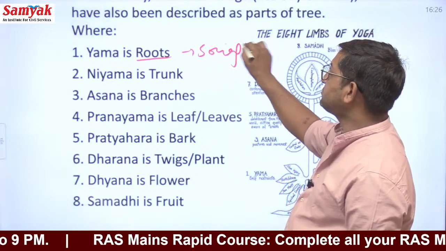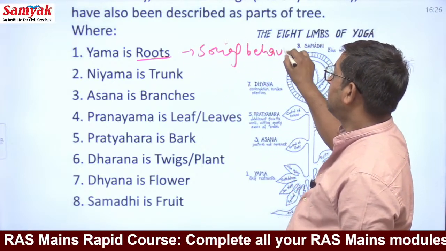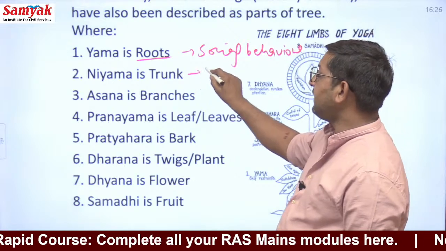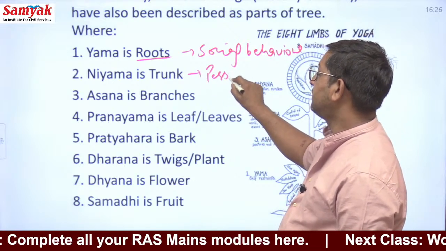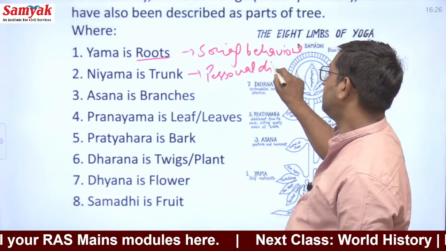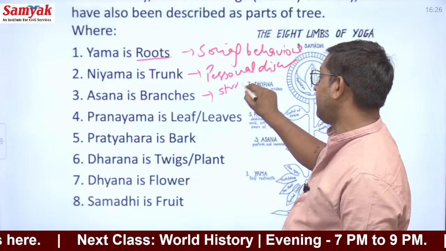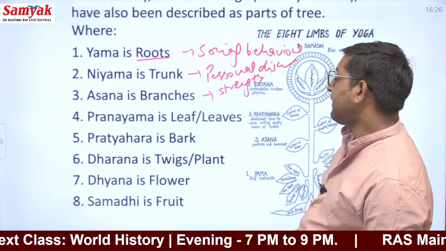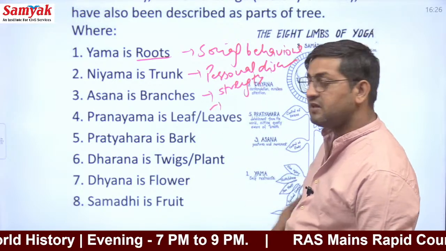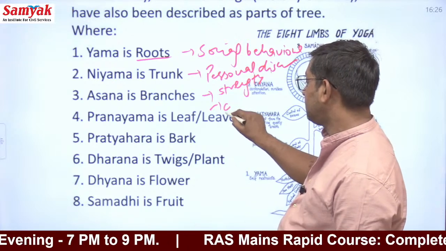So it is our social behavior. Niyama is the trunk, that is the personal discipline. Asana is the branch because it gives us strength and balance. Pranayama is the leaves because it is through this that we control our breathing.